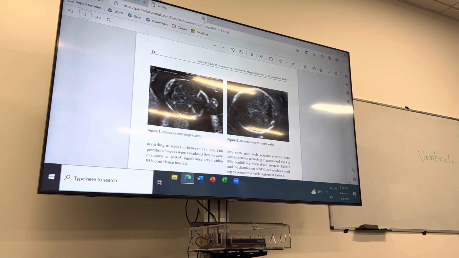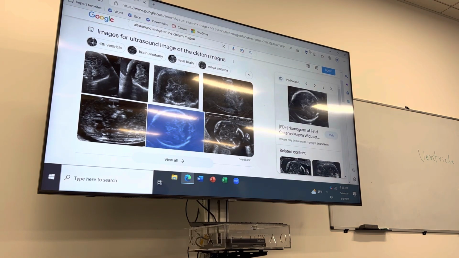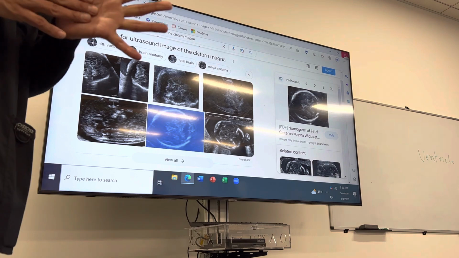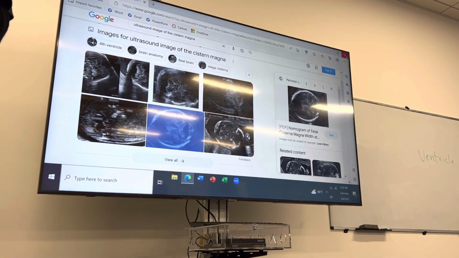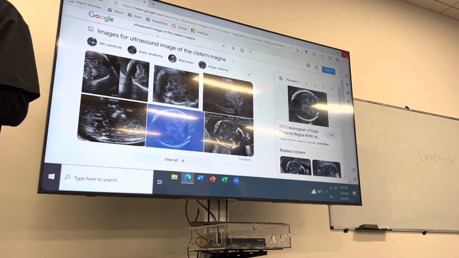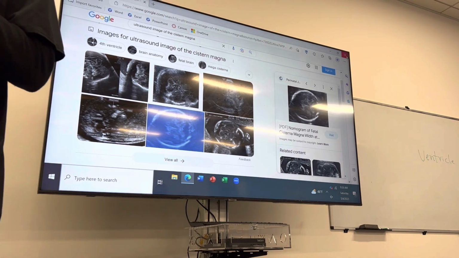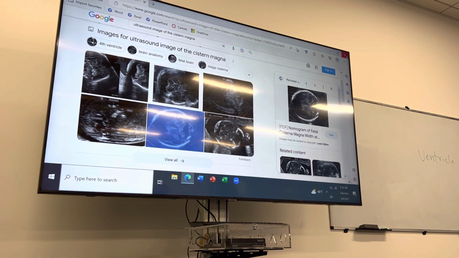Any more questions, guys? Yes, Dr. Baha. I didn't want to bring up question 19. I had a question about question 19. It's a regular question. Okay, go ahead, read it. It's just the structure that separates right and left lateral ventricles. Like I said, I had a little trouble understanding the question. So it was the cavum septum pellucidum, correct?